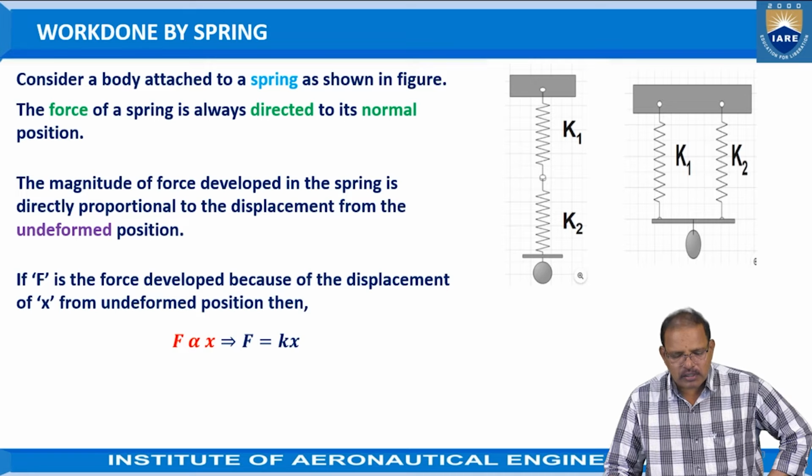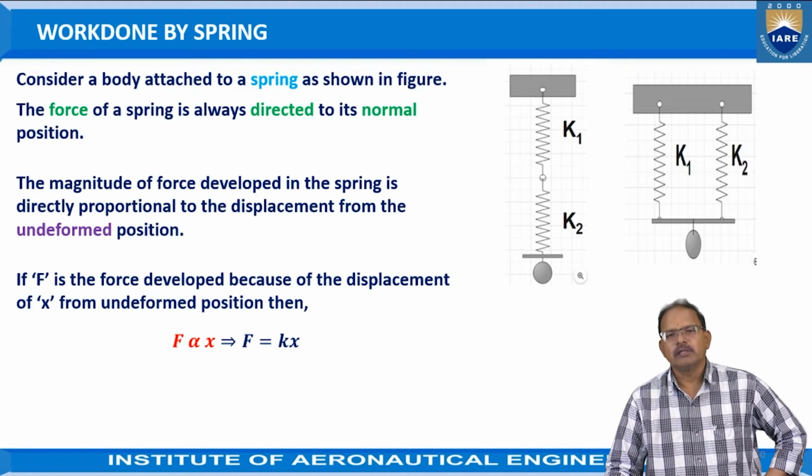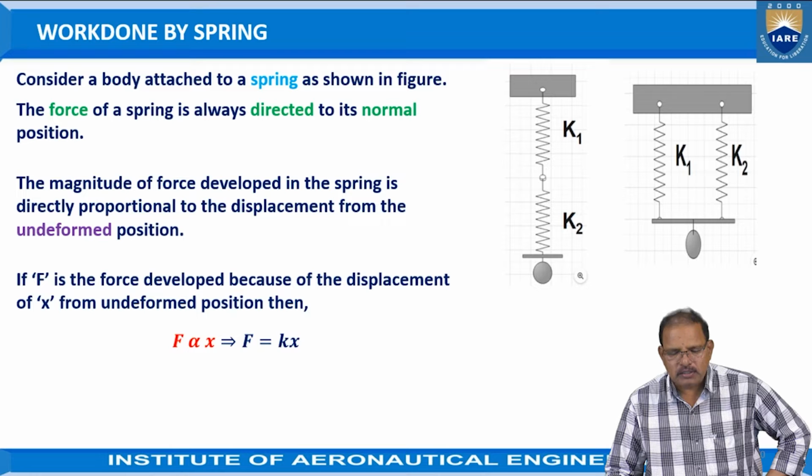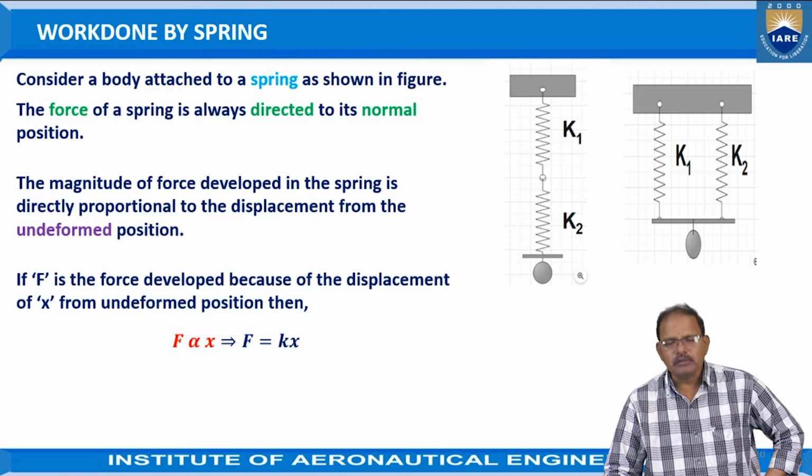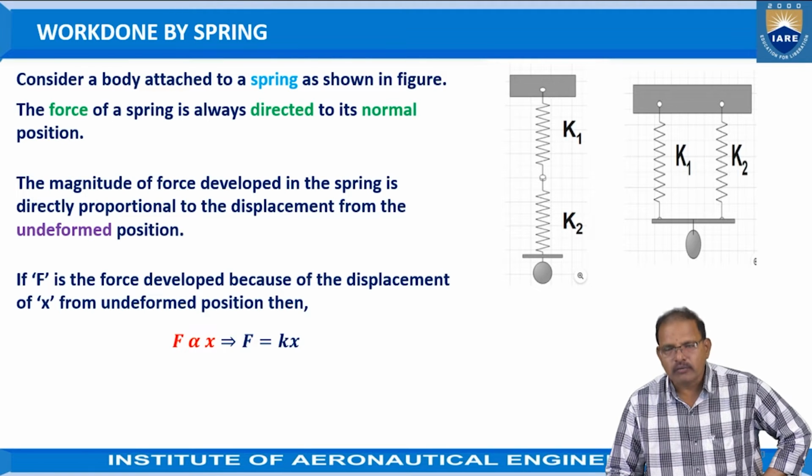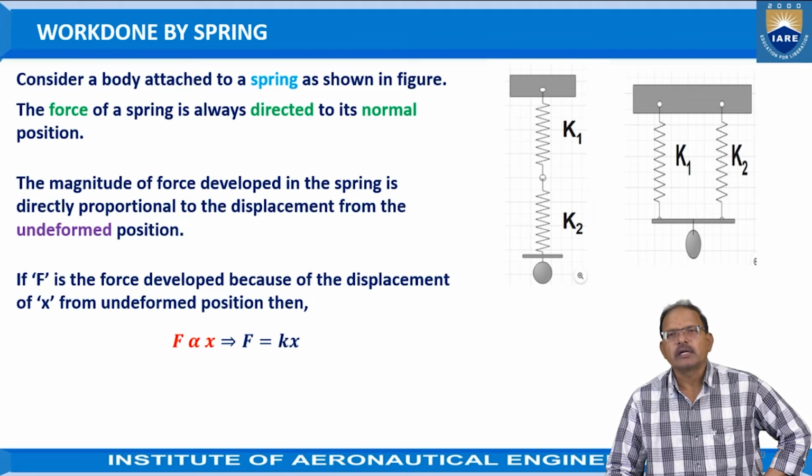So if you know the value of k, we can determine the amount of work done on the spring or by the spring. Sometimes, depending on the requirements, springs are connected in series as well as in parallel.